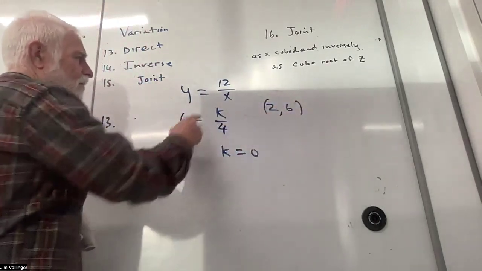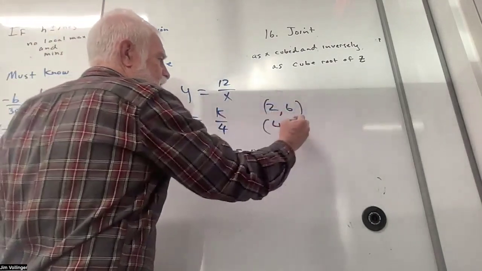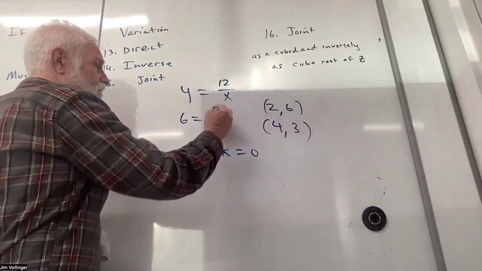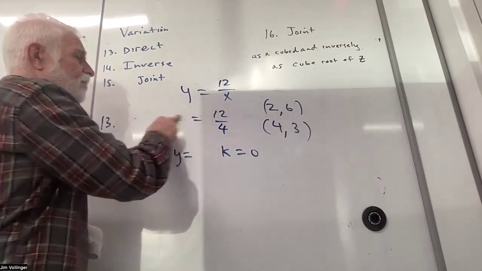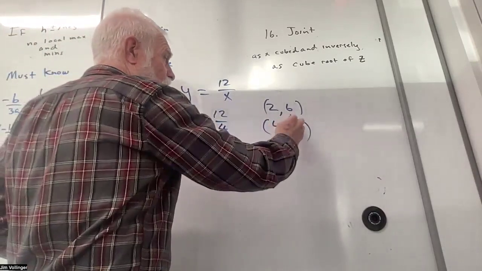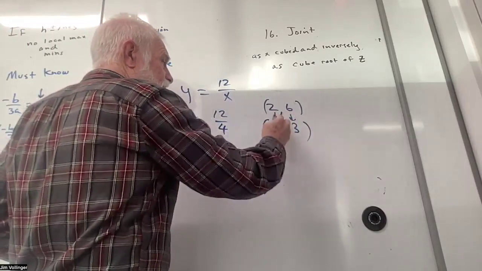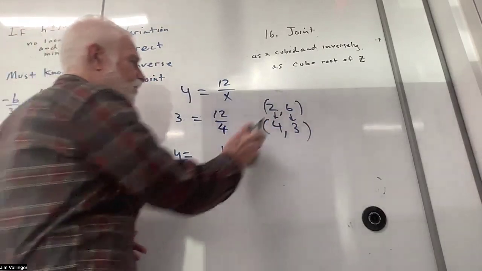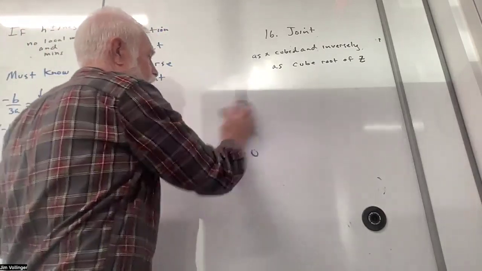Now a 4 into 12 gets us 3. Because we just found out that that's 12. And a 4 gets us a new number, 3. What can I see? My Y values went down. What can I see? My X values went up. That's an inverse relationship.